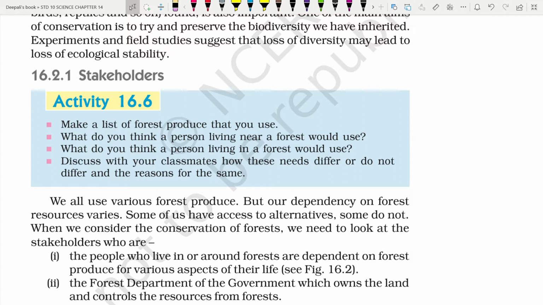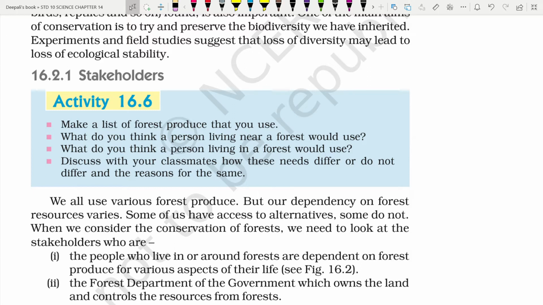Firewood, small timber, fodder and grass, bamboo, nuts and medicine, food, clothing, shelter, fishing, hunting, etc. Almost every life necessity, they will be depending on the forest. And did you discuss with your classmate how these needs differ or do not differ and the reason for the same?